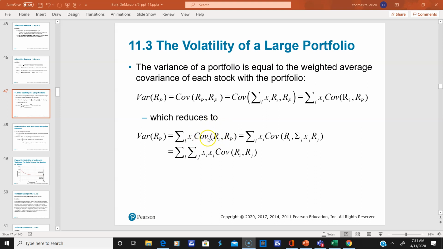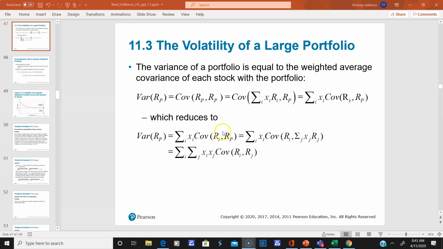And I know you're all going crazy at this point, but that's equal to the sum of xi covariance ri, sum xj, and that comes out to the sum of the sum. It's a double sum here of xi xj covariance ri rj. I think people actually do this for a living, so I know this all looks crazy to you.